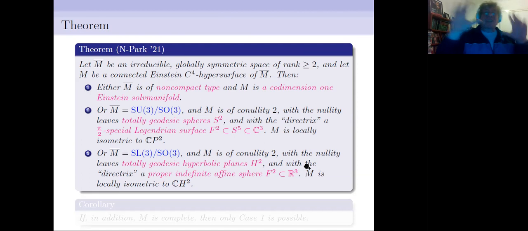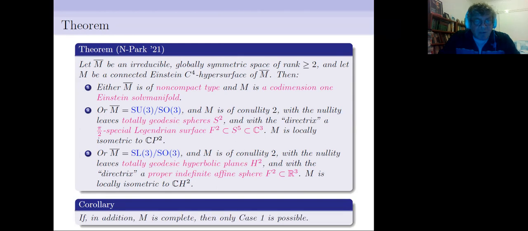And this has a corollary which says that if we require our hypersurface to be complete, then only the first case is possible. So if you have a complete Einstein C4 hypersurface in an irreducible global symmetric space, then it's necessarily this solvable manifold. And almost everything from this point up to the end of my talk will be introducing and explaining what the words mean in this statement, right?